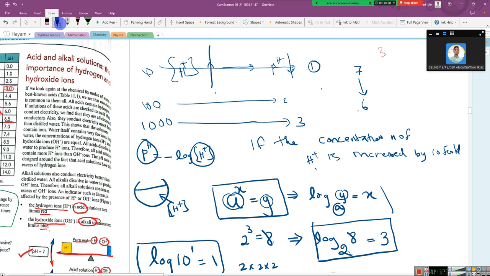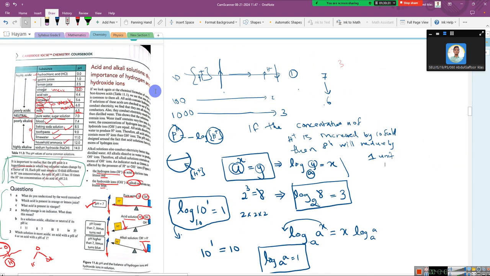Then pH will reduce by 1 unit. Okay? If the concentration of H plus is increased by tenfold or by the factor of 10, then pH will reduce by 1 unit. Which means, for example, let's say in the solution we have 1 times... can you give an example for this?